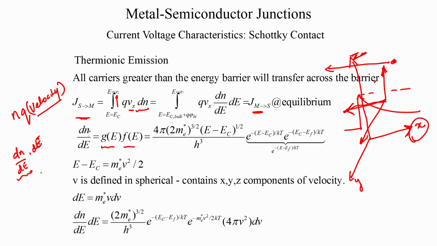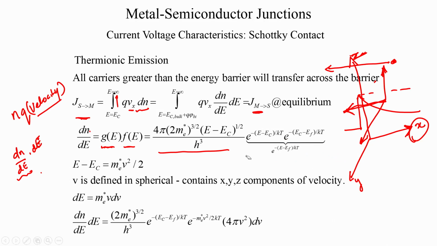That is the density of states there, and this is the Fermi function here, which is approximated by the Boltzmann distribution. We have rewritten 1 by 1 plus e to the power (E minus Ef) by kT as simply e to the power minus (E minus Ef) by kT, because we have assumed that this term is greater than 1. That is the Boltzmann approximation for f of E.